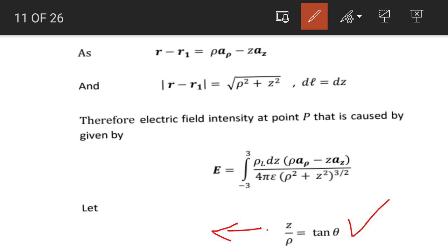If we simplify this particular equation, theta will be equal to tangent inverse z by rho, right? So we will calculate the angle with the help of tangent inverse z by rho.